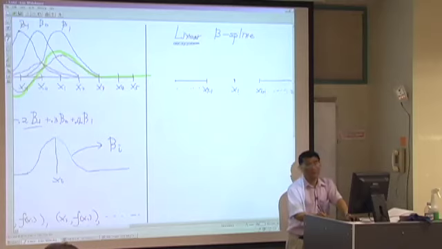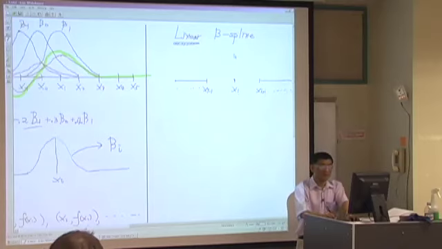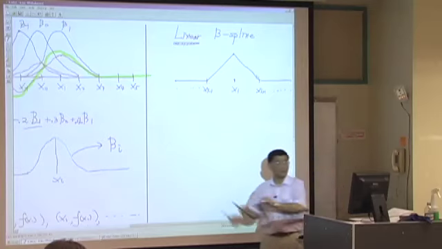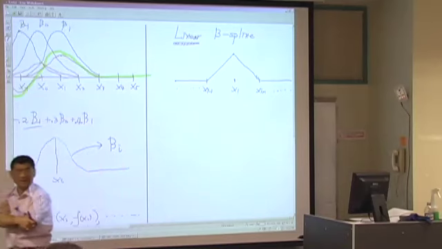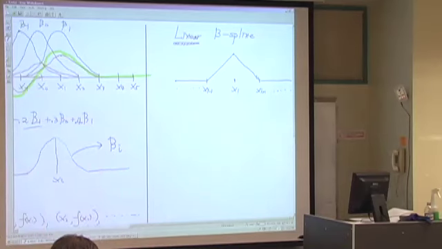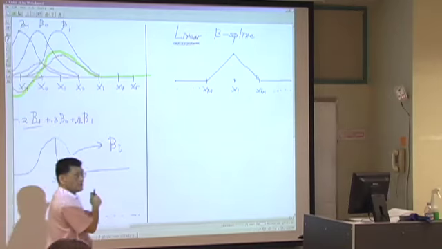Then the linear B-spline is a spline like this, and as you can see, it's not even a spline in our usual sense, but it's called the linear B-spline. People use these too, because it's very easy to determine derivatives and so on. What is the derivative of this? You can easily determine it.